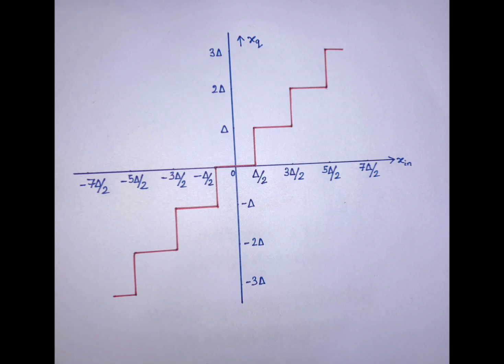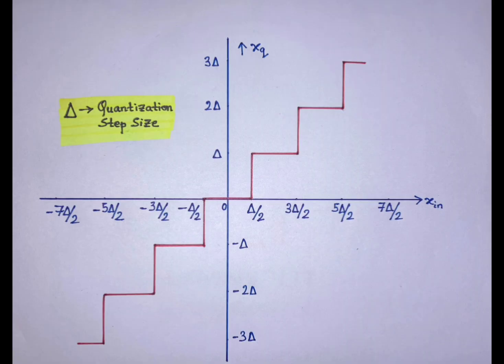We are defining the entire input range into finite levels, or the quantization levels. Here del is the quantization step size, meaning the change in the input required so that the quantized level shifts from one level to the next.